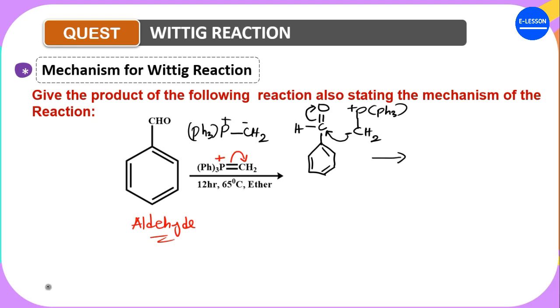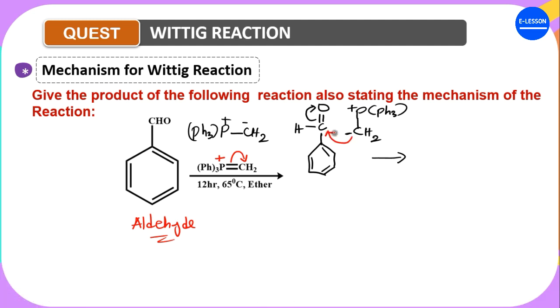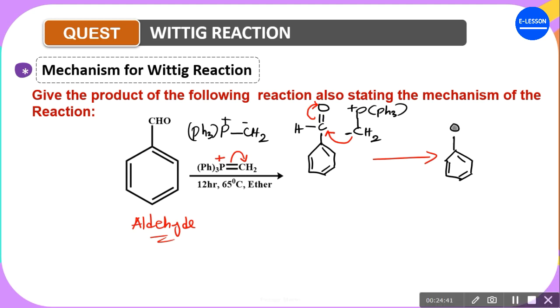So the product of the reaction will be something like this: you have C, there you have O negative, there you have hydrogen, and then you have CH2 here, and then P positive with PPh3.